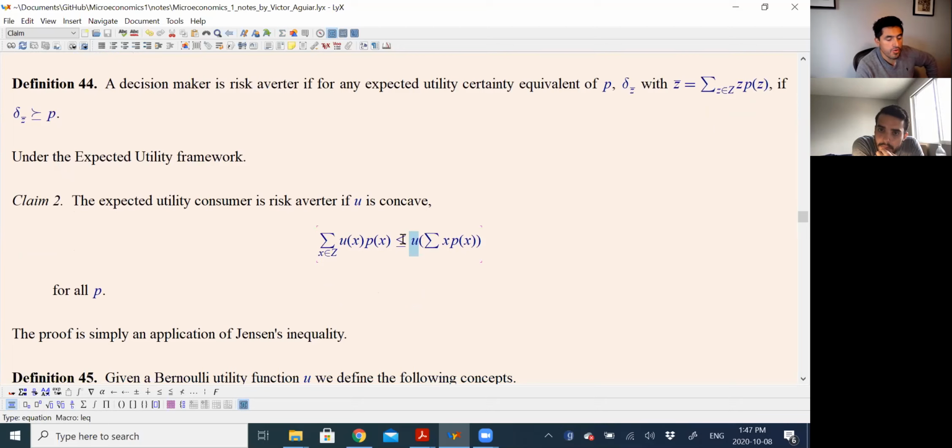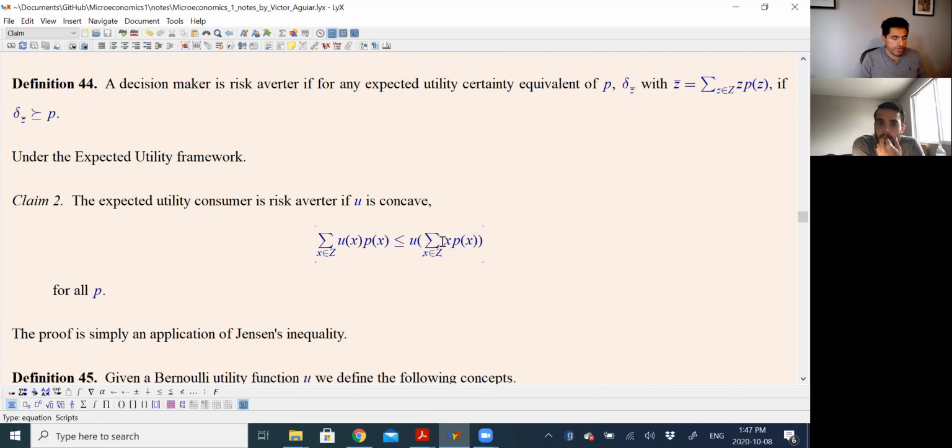So that means that the utility of the expected value is above the expectation of the utility. So in other words, you will prefer the certain object, delta Z, over the P. In this case, let me write also the dependence on the space. Okay? Everyone understands what's going on here?